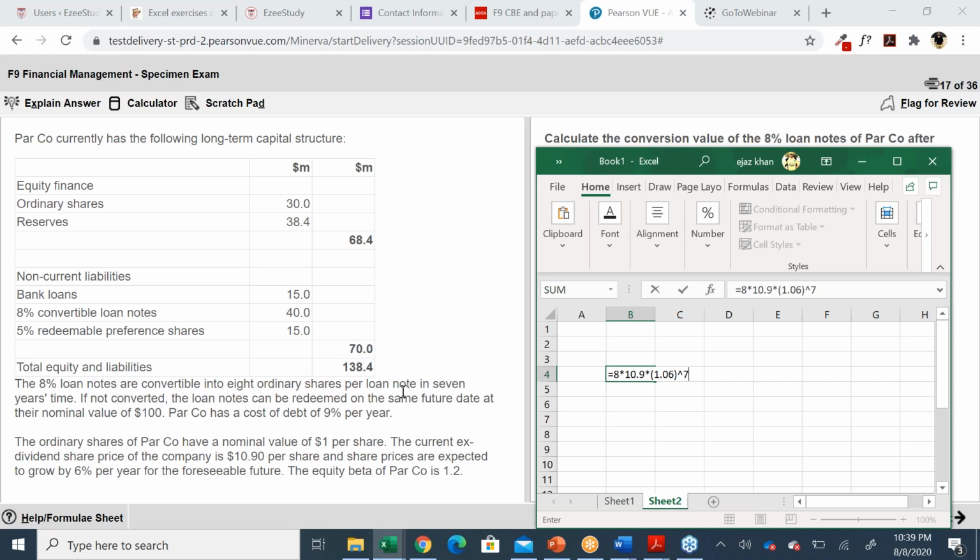In 7 years. So that's the answer. 131.12. 8 shares into share price into the growth for 7 years.